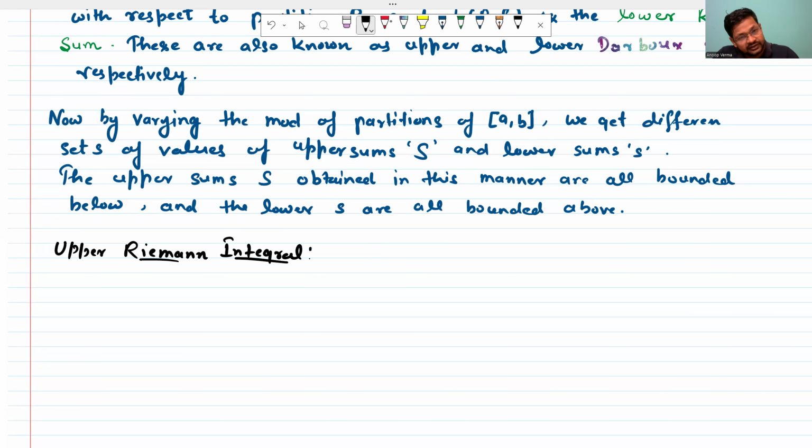Upper Riemann integral. So what is the upper Riemann integral? Basically the infimum of the upper sums, because the set is bounded below. Okay, so there exists some infimum.